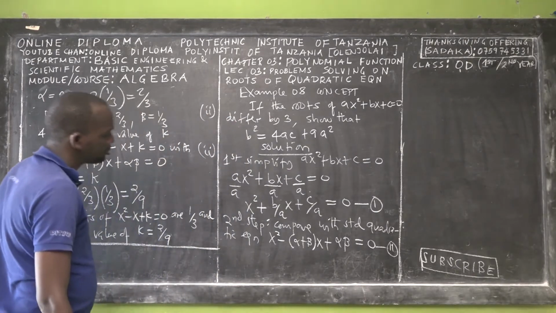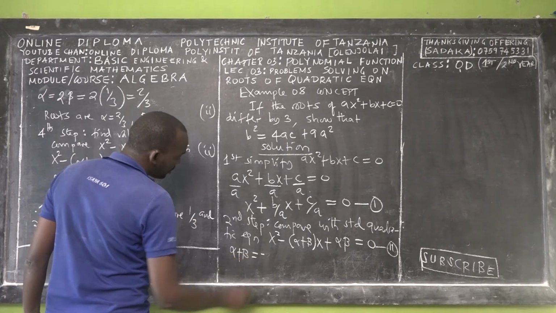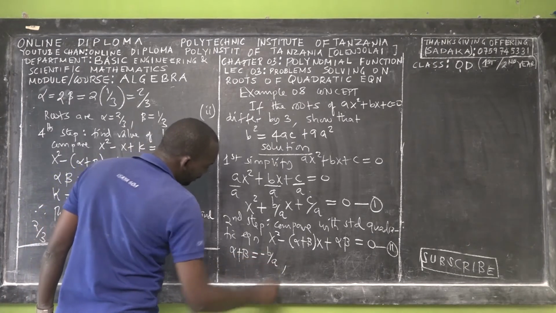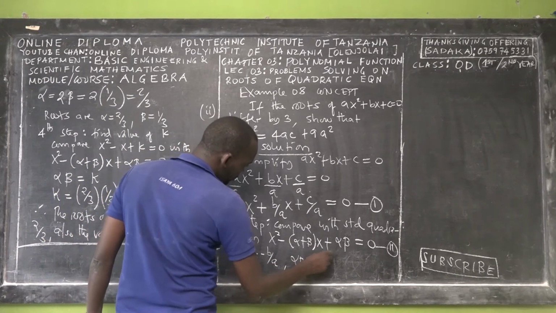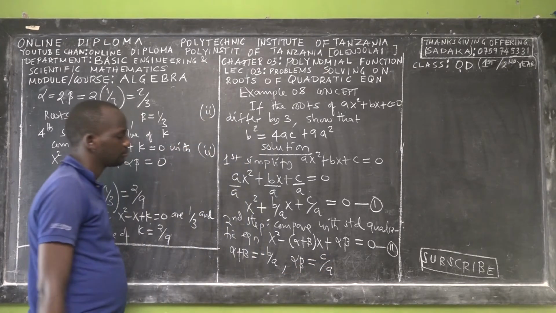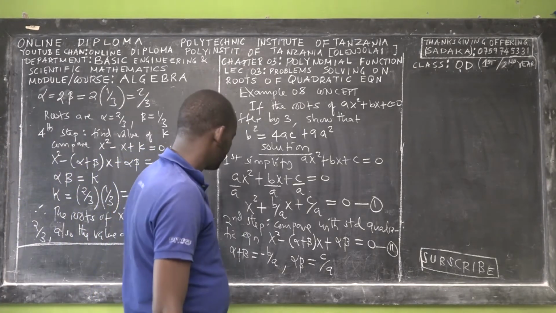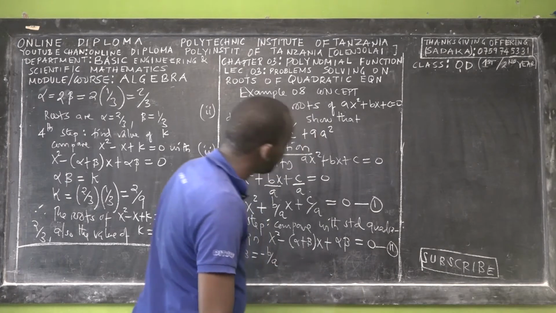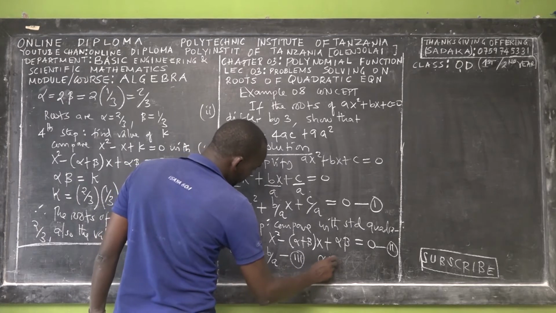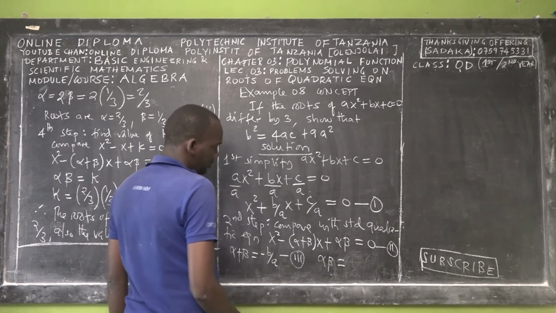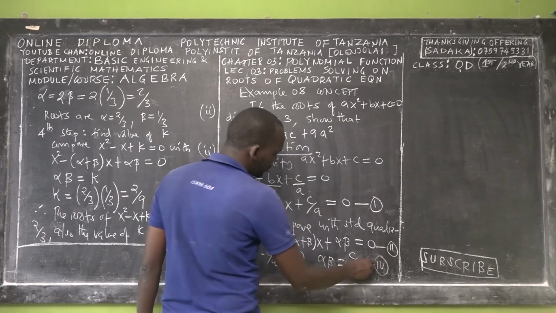Because of equation 2, we find that the sum of the roots, alpha plus beta, is equal to negative b over a. Suppose this is equation 3. And the product of the roots, alpha times beta, is equal to c over a. This is equation 4.